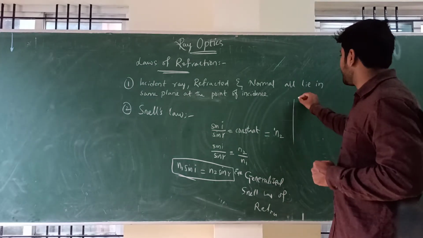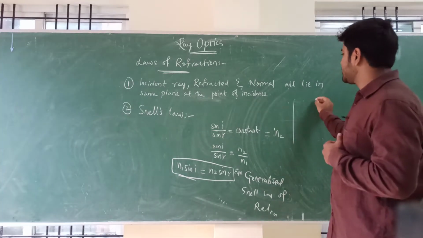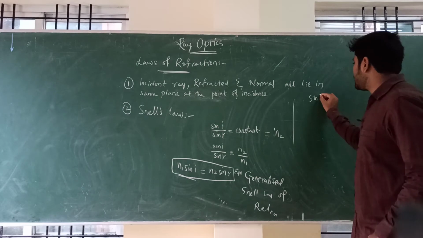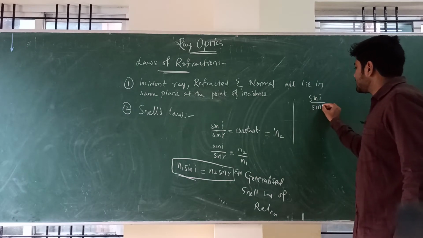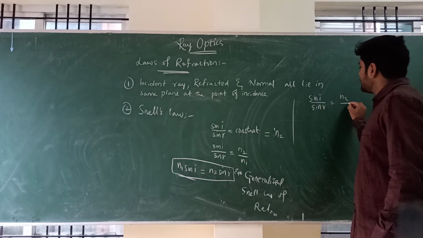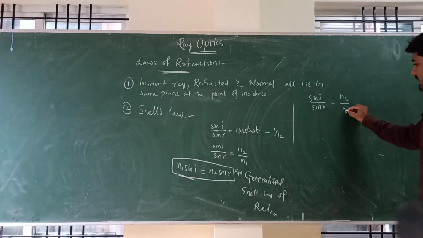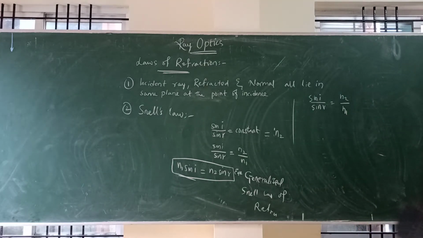Okay, now just see here, sine i by sine r is equal to n2 by n1. We know this.